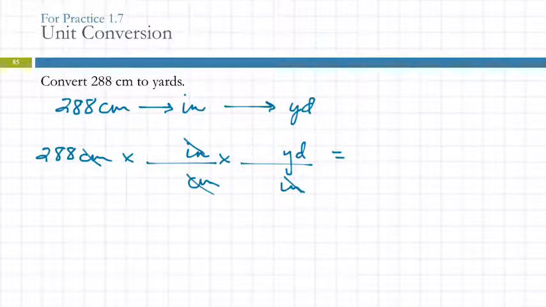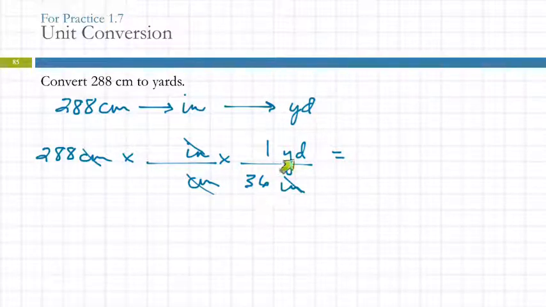Then I look at the relationships. Here I'm not using metric prefixes. Let's maybe do this one first because it seems easier. Yards and inches, what's the relationship? 1 yard is 36 inches. What's on the top has to equal what's on the bottom.